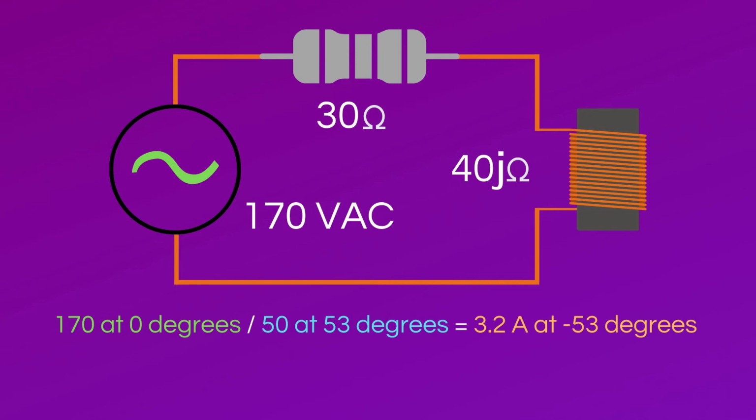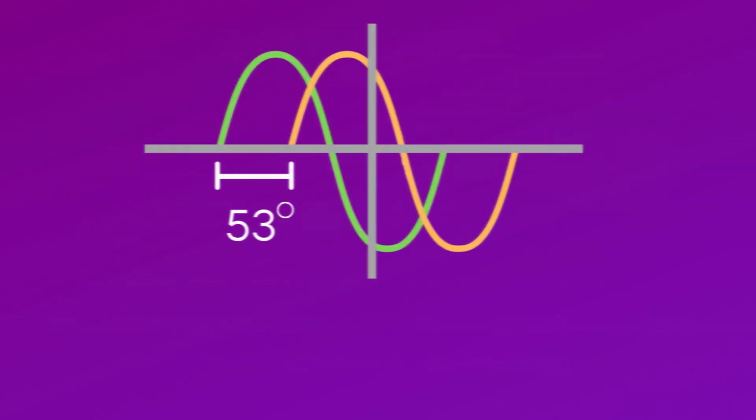This gives us a value of 3.2 amps of current at negative 53 degrees. The negative 53 degrees tells us that the current lags the voltage by 53 degrees. What that means is that the current waveform starts 53 degrees after the voltage waveform.